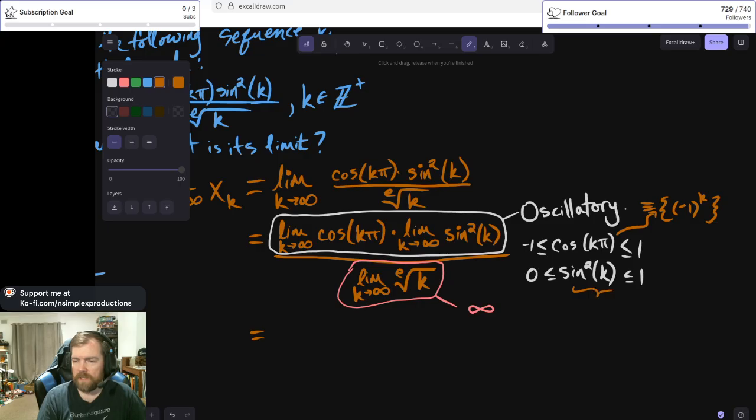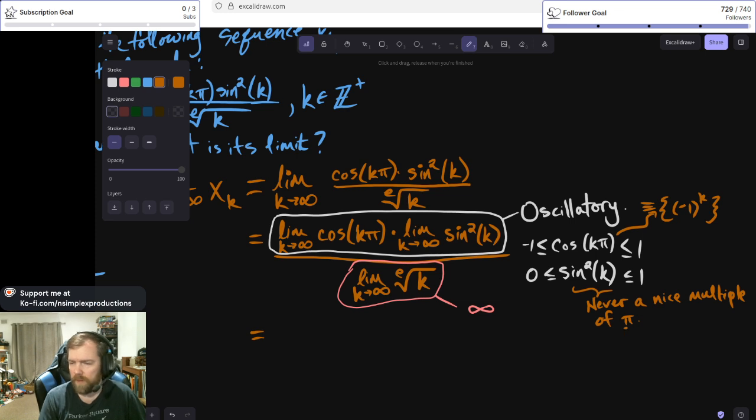Whereas the sine value is never going to end up being on a nice multiple of pi because k is always just going to be a whole integer. So we're just going to get values that are never a nice multiple of pi, never a nice multiple of pi over 2 for that matter.